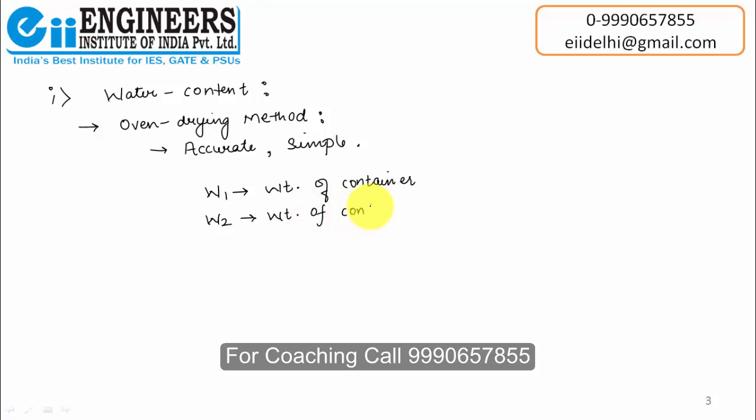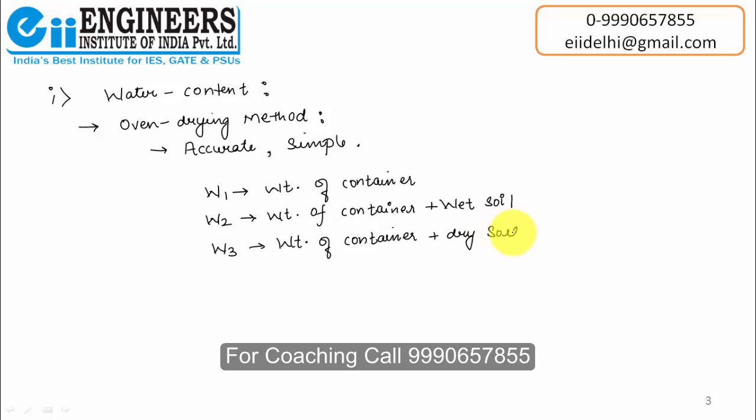So W2 is basically the weight of container plus wet soil that we have just placed in it. Now we keep it in the oven and let it dry for 24 hours, then take it out and weigh it again. Let its weight be W3. So W3 is the weight of container plus dry soil.